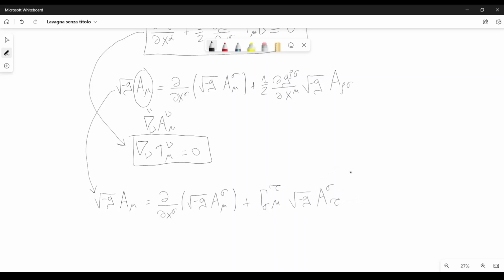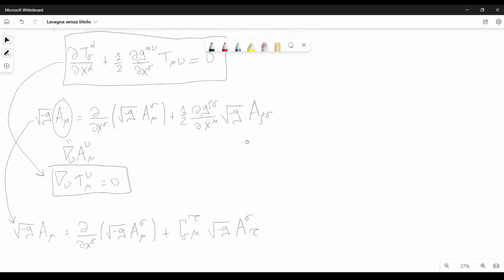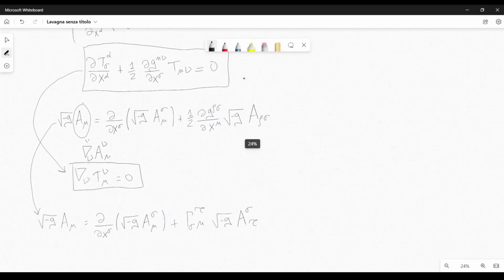And in our case, this implies that the formula can also be written in this form: the derivative of t^α_σ with respect to x^α is equal to minus Γ^β_{ασ} times t^α_β, like this.